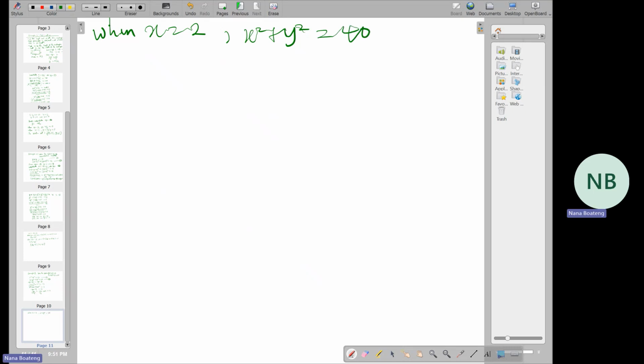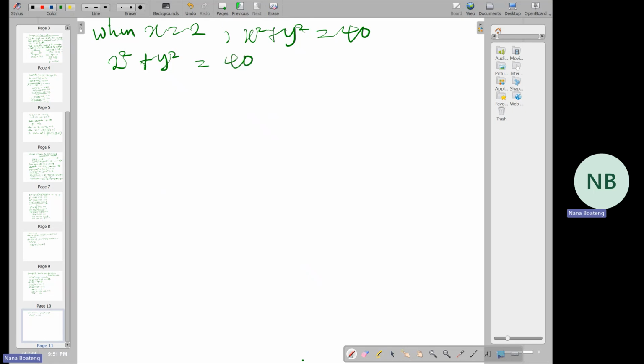And so, x is equal to 2, we will have 2 squared plus y squared is equal to 40.